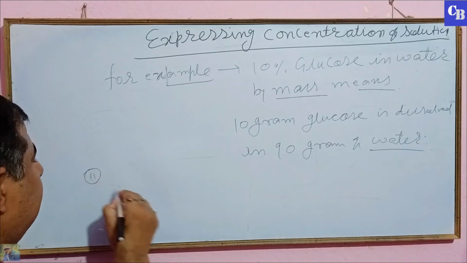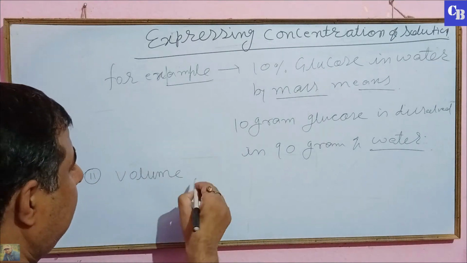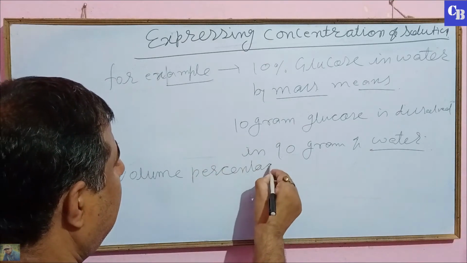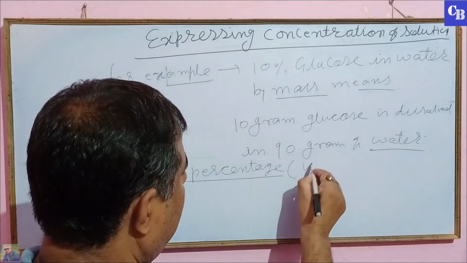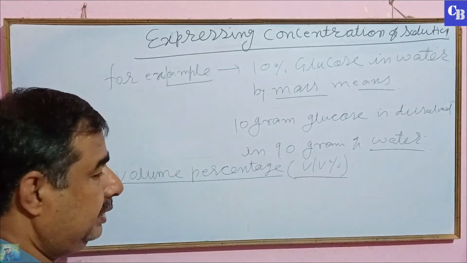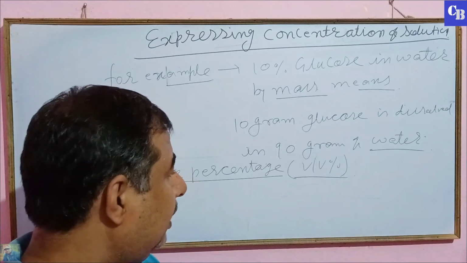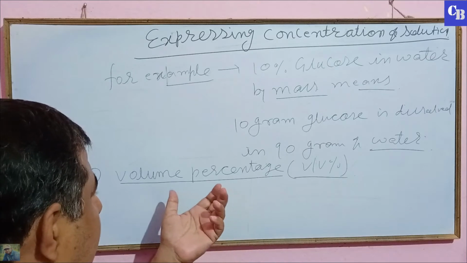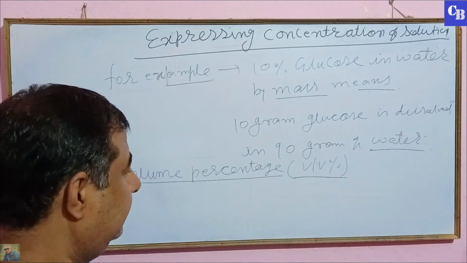Second, volume percentage. Volume percentage is represented by V by V percentage. V by V means if both solute and solvent are liquid, then its concentration is expressed in volume percentage.